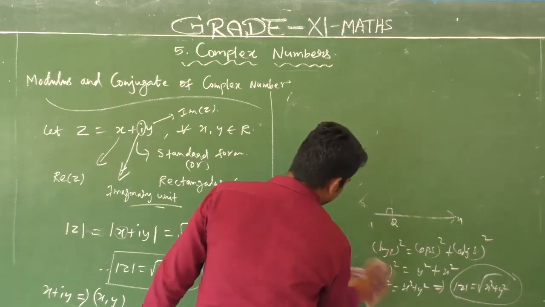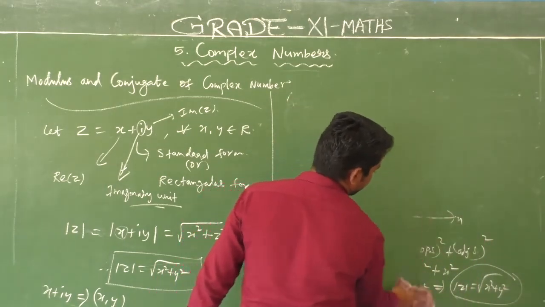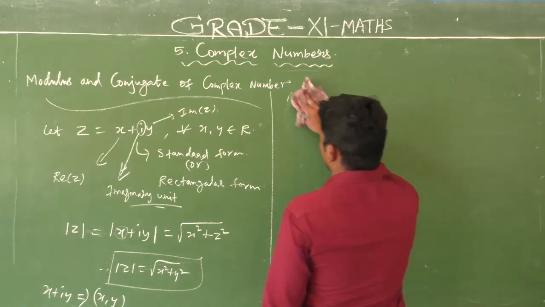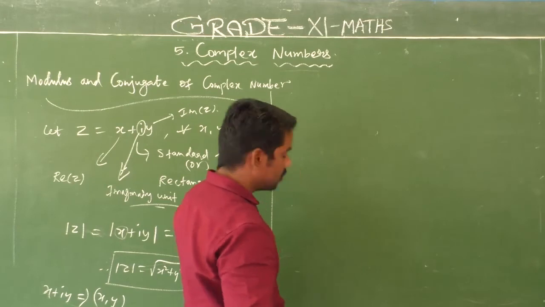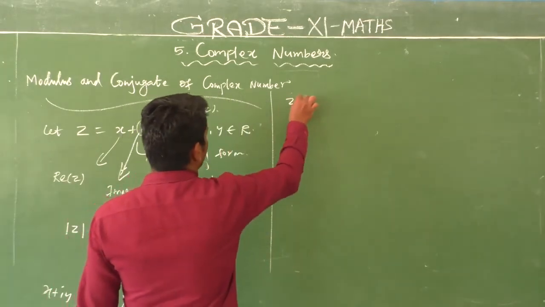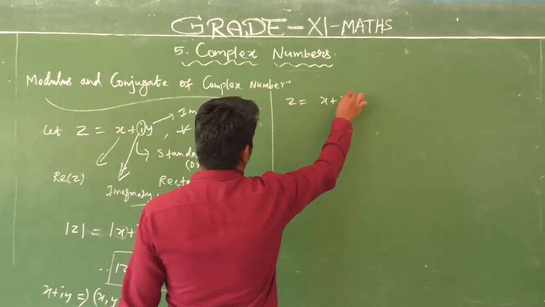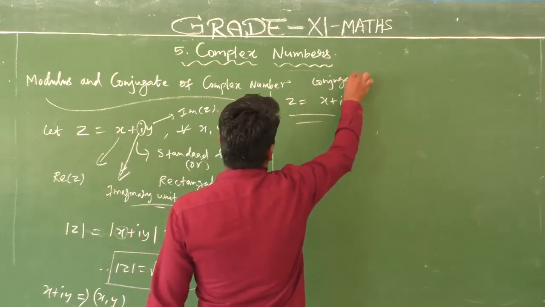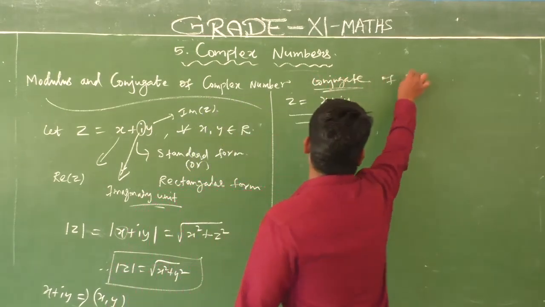Let z be a complex number, z equals x plus iy, where x and y are real numbers. So z is a complex number. Here we discuss the modulus of a complex number and the conjugate of a complex number.